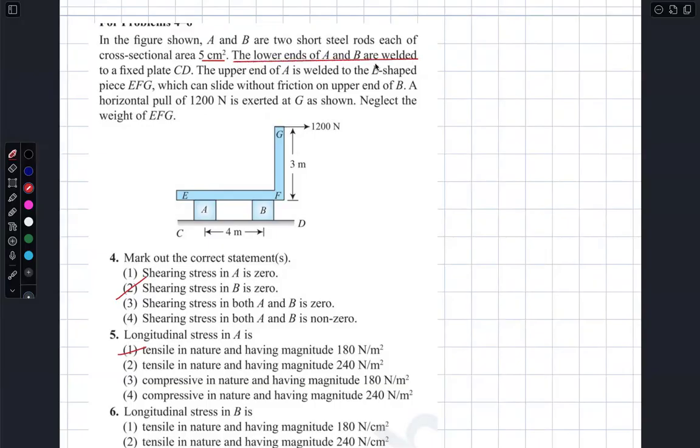The lower ends of A and B are welded to a fixed plate CD, you can imagine it like the ground. Right. The upper end of A is welded to the L shape. This is also important data for me.